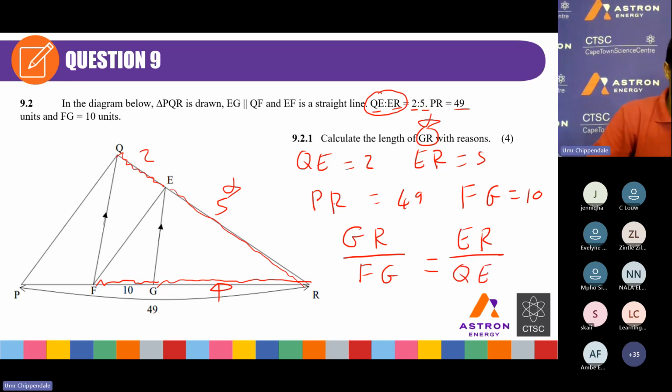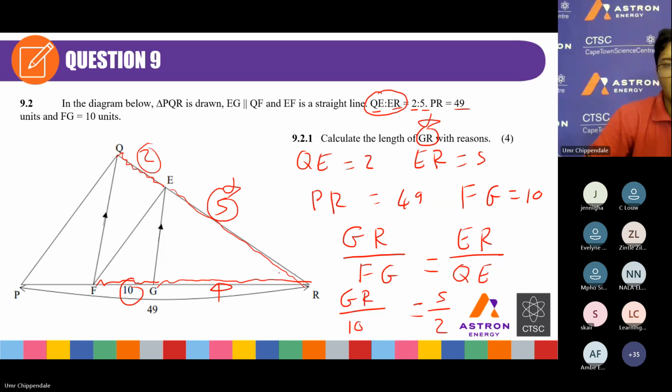Now I plug in the values that we know. GR over FG, FG is 10, so we'll plug in 10, is equal to ER, 5, over QE, 2. We have 3 things and we just need to know what GR is.